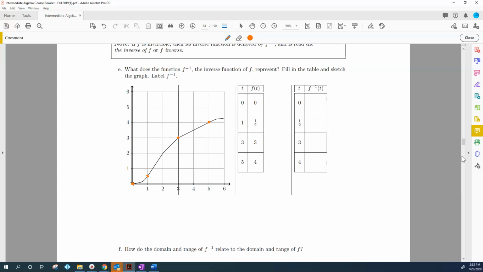And so what I want you to understand about inverse functions is that really what you're doing is you're just switching the x and the y. So I'm just going to put over here, switch.